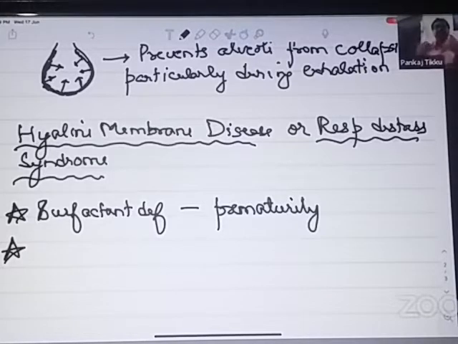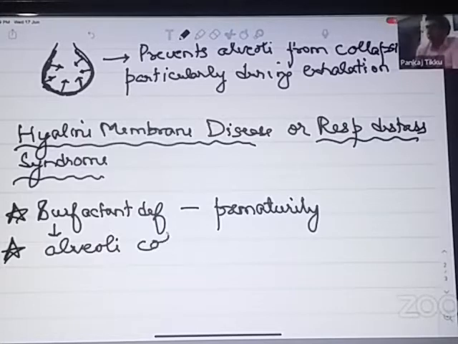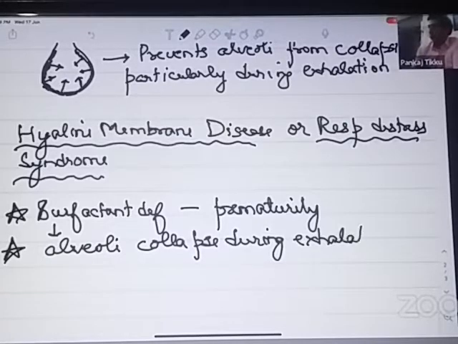But as soon as the child exhales air out, because there is now a very limited amount of surfactant, the surface tension inside the alveoli will cause the alveoli to collapse during exhalation.